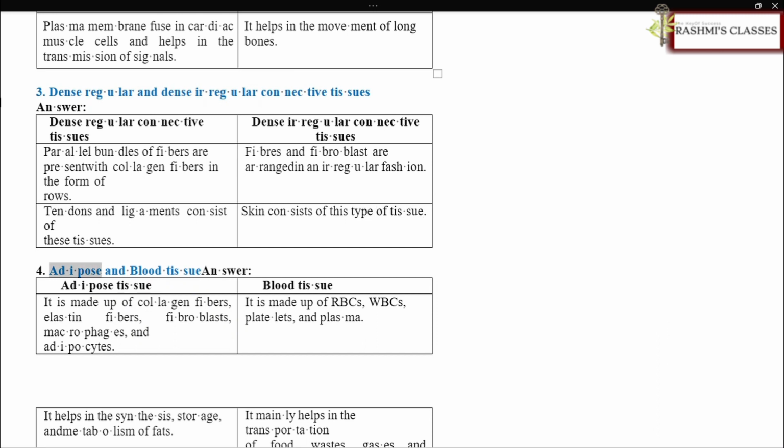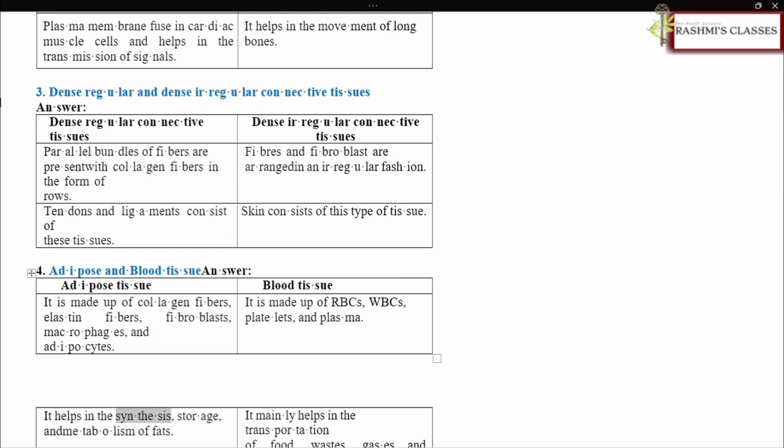Adipose and blood tissue. Answer: Adipose tissue is made up of collagen fibers, elastin fibers, fibroblasts, macrophages, and adipocytes. Blood tissue is made up of RBCs, WBCs, platelets, and plasma.